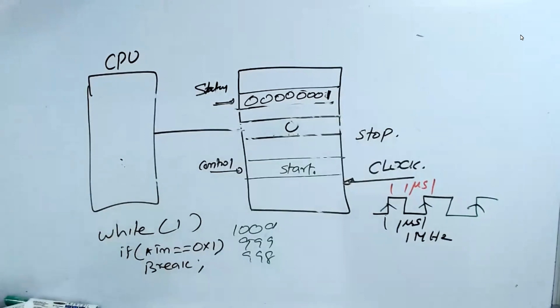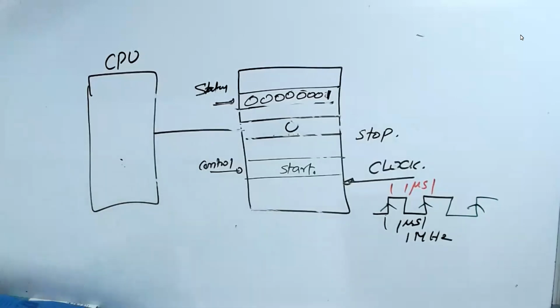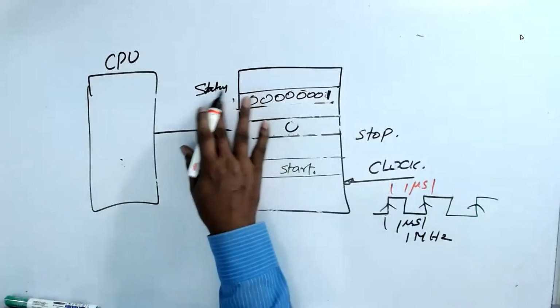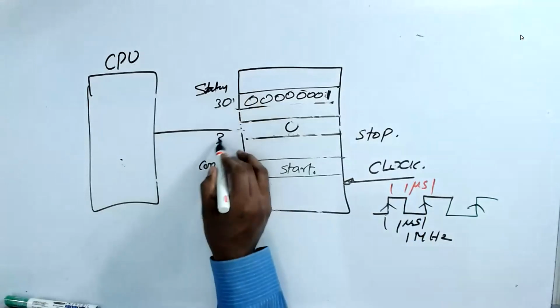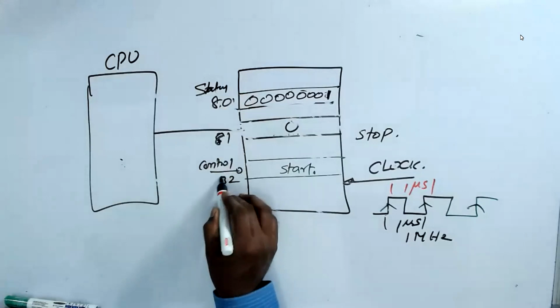But once again, if you are in the loop, you are wasting time. Then people thought about how to avoid this waiting. Now, the trick here is you write a program. Say the registers are at addresses 0x30, 0x31, 0x32, assuming.